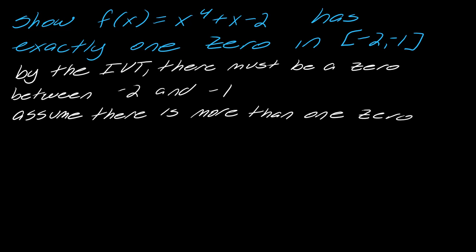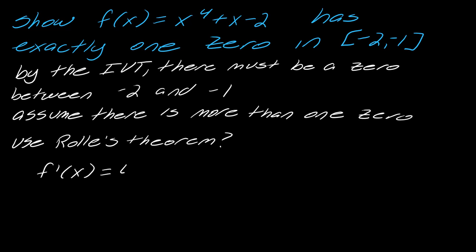So if that's true, then we know we can use Rolle's theorem, right? So then maybe we try to use Rolle's theorem. So if I try this, I know I'm supposed to take the derivative, and this will equal 4x cubed plus 1. Now here's where the plot twist is going to come in.